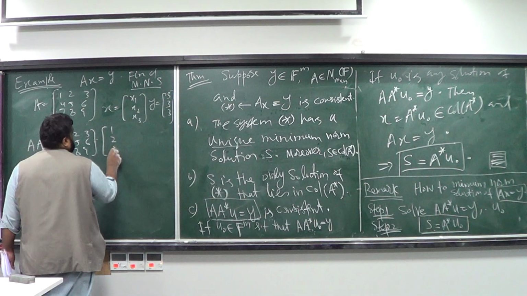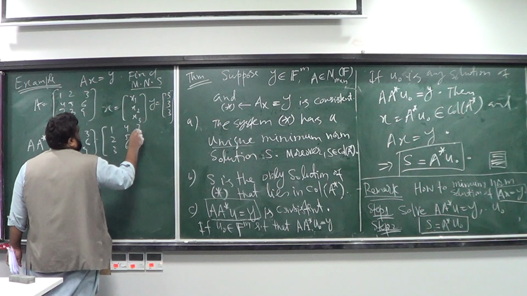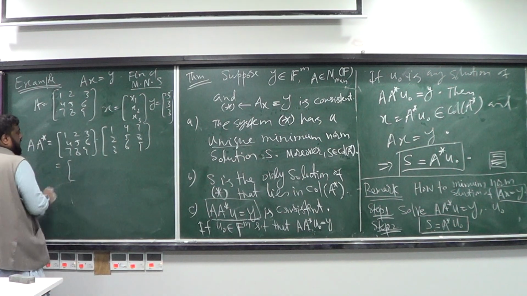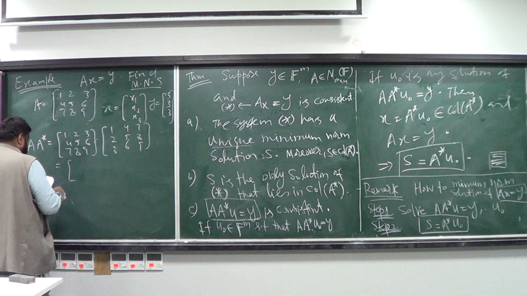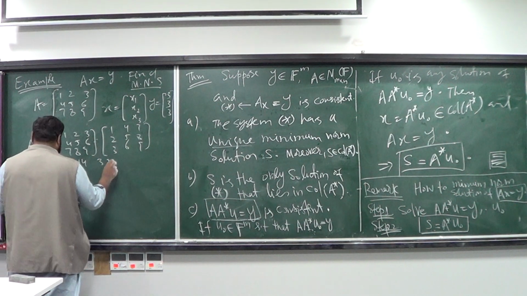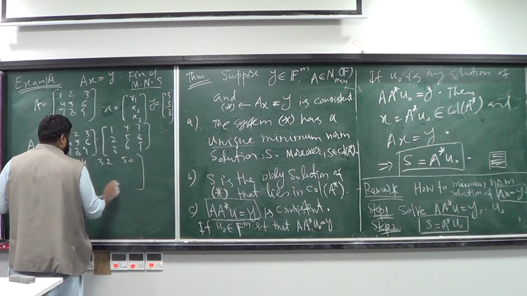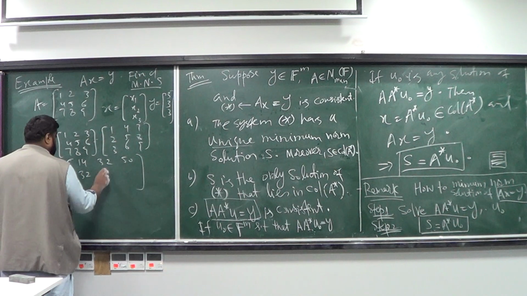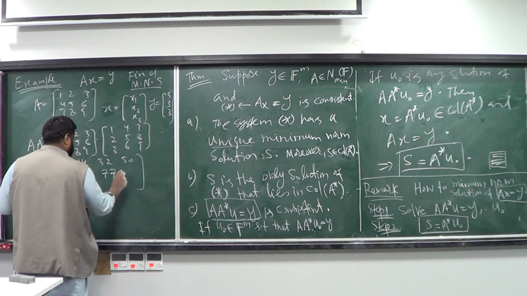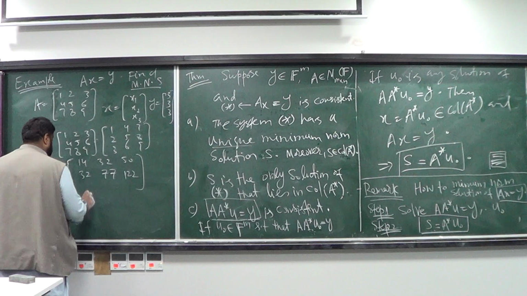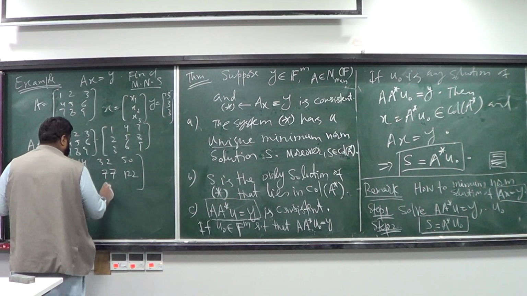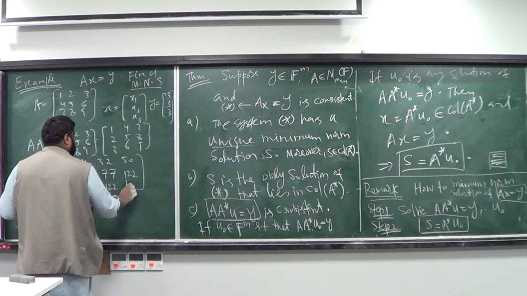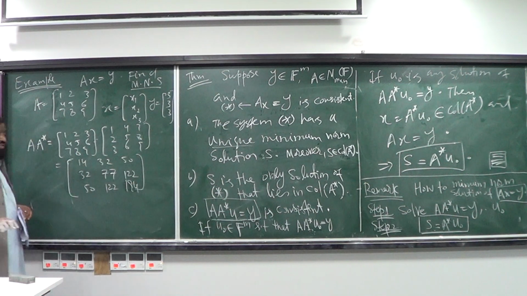If you multiply them, you get the matrix 14, 32, 50, 32, 77, 122, 50, 122, 194. So this is A A star.